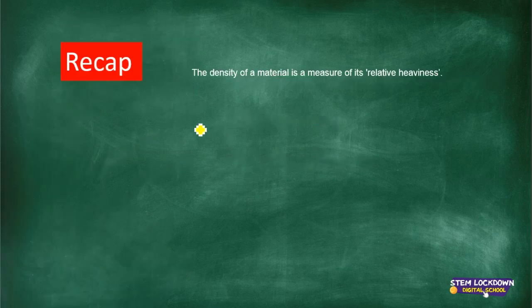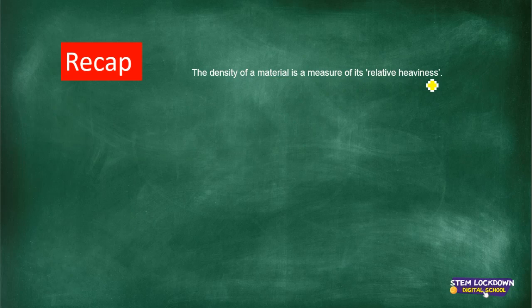So a quick recap on what we did last week, Friday. So we said density of a material is a measure of its relative heaviness. Now basically what that means is density is measuring how heavy something is. So we use it in fancy terms where we say density of a material is a measure of its relative heaviness.